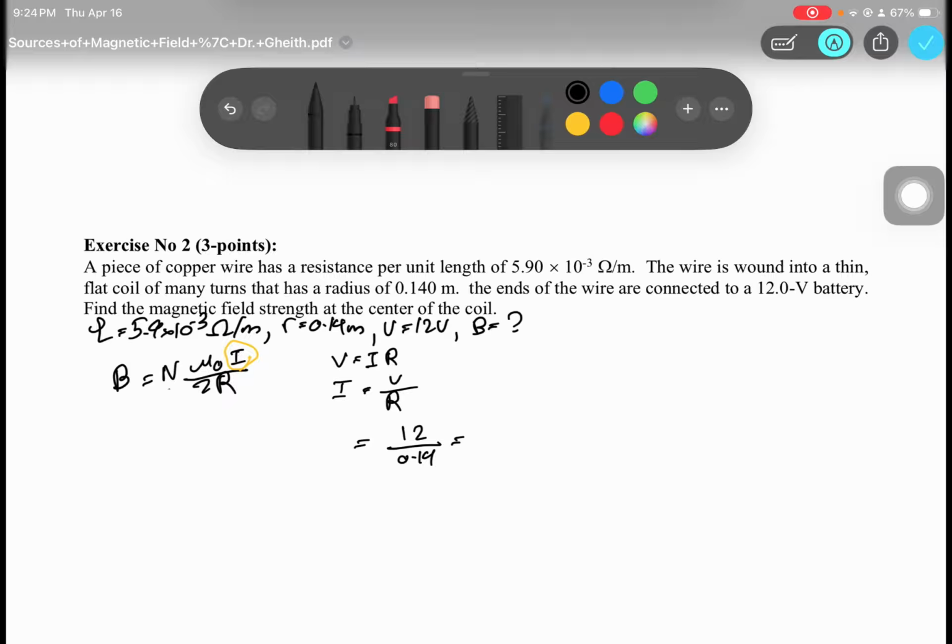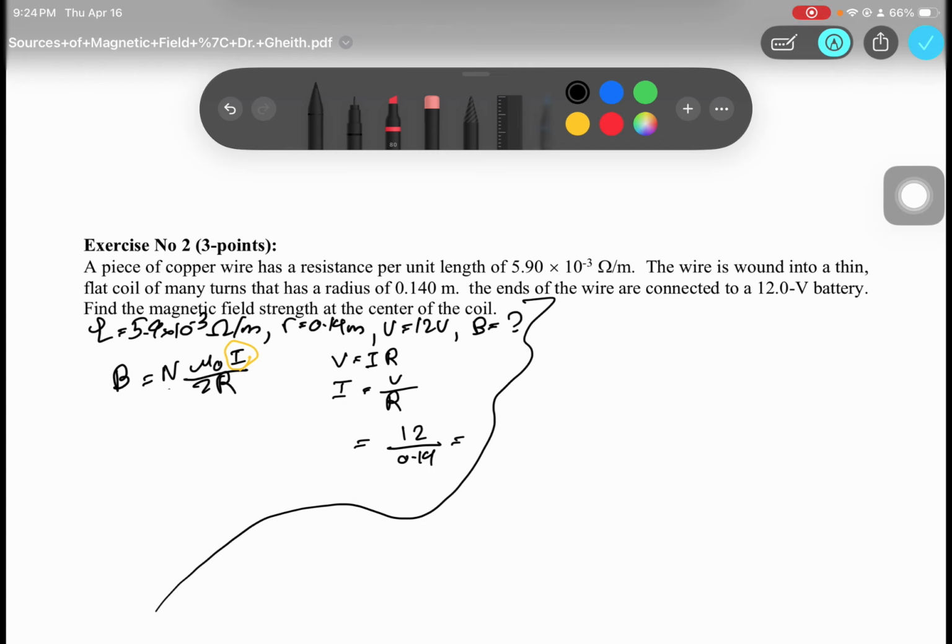So N is equal to L over 2 pi r. Okay, let's skip this way.